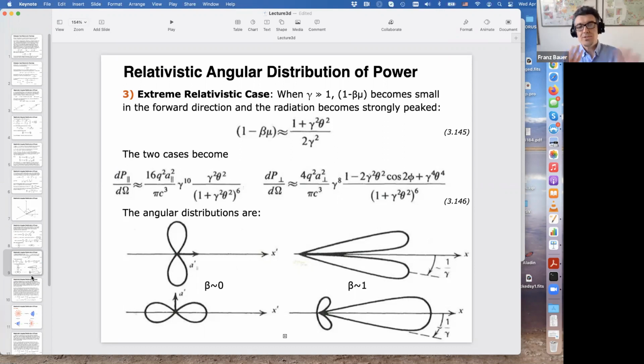Okay, so that's where we stopped. Hopefully it was clear how we ended up getting these extreme beaming effects.